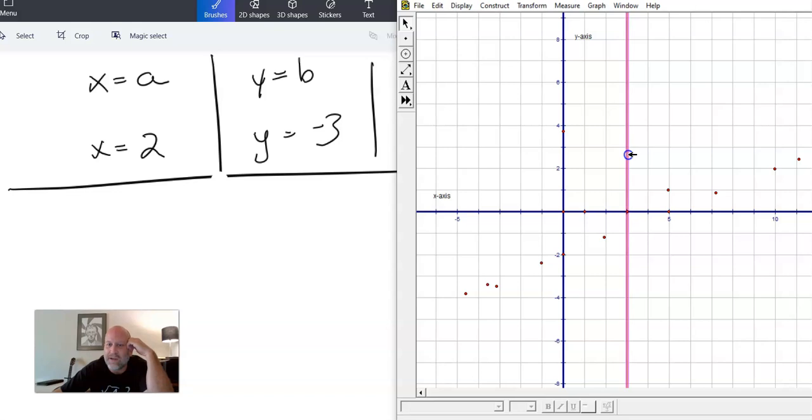This line, if I put it here on 3, this represents all the places the x value can be 3. If I scoot it over, it's all the places the x values can be 2. If I scoot it over again, those are all the places that the x value is 1. Right? So anytime you have an x equals, it's a vertical line.